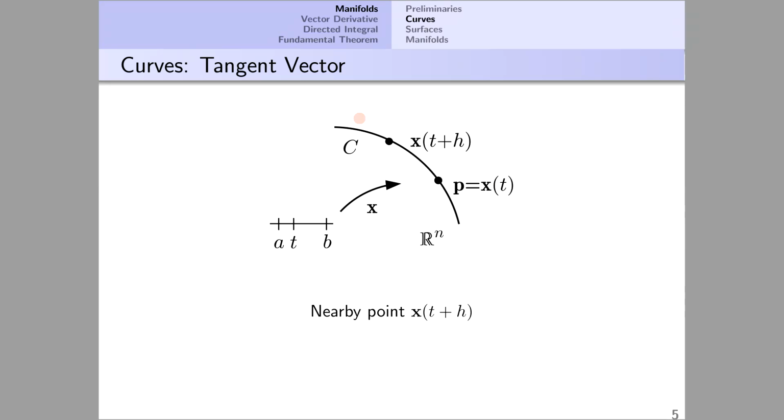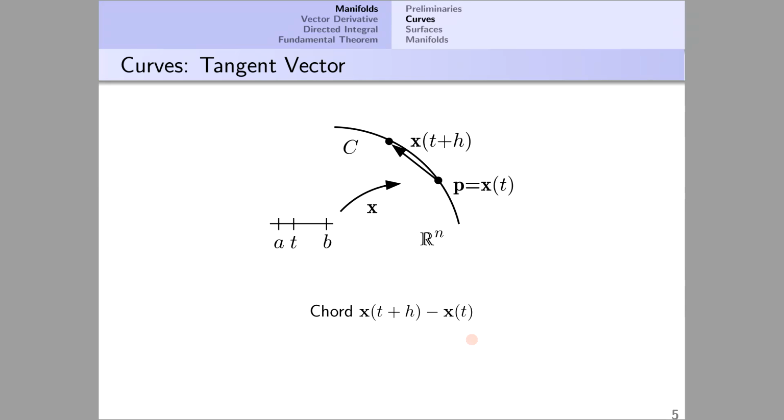Here's a neighboring point on the curve, and here's the chord between the 2 points. If h is small, then the chord is approximately tangent to the curve at P. If I divide the chord by h, its direction doesn't change.